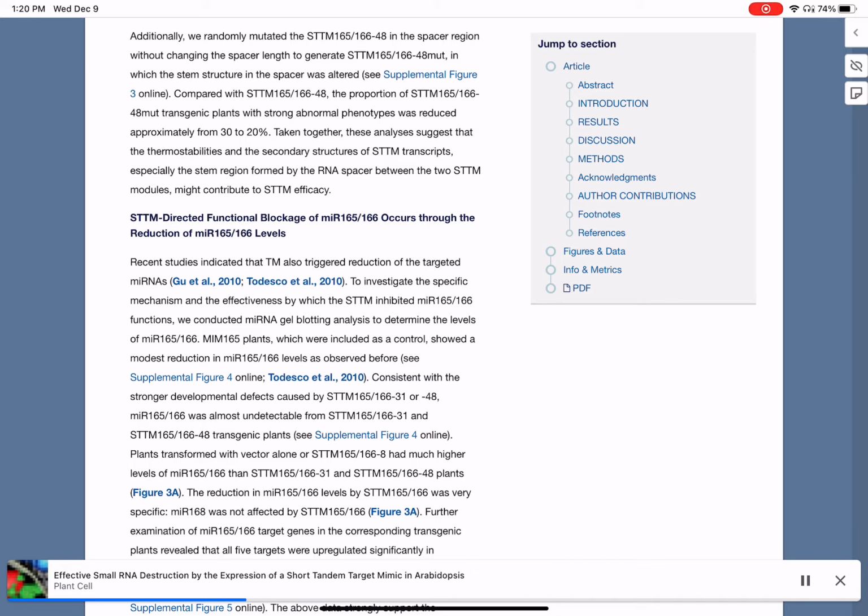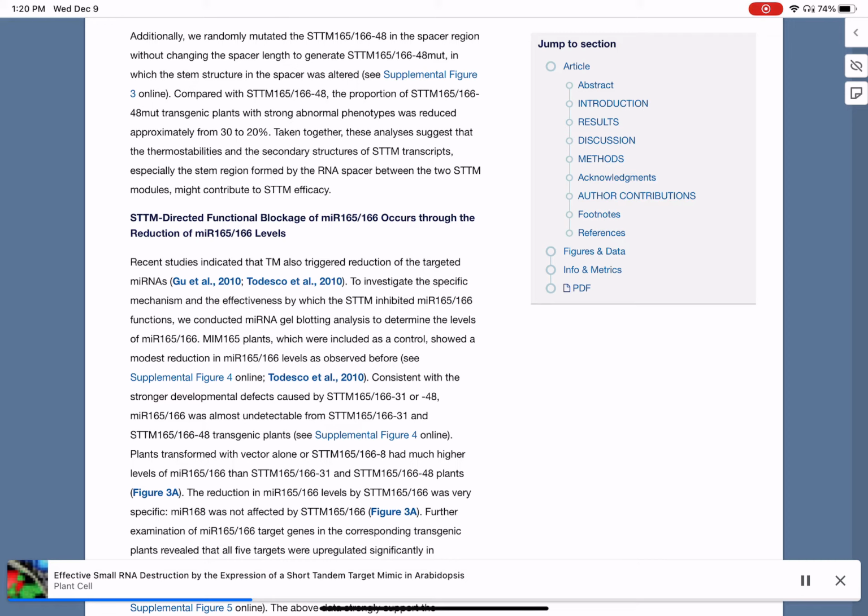Compared with STTM-165-166-48, the proportion of STTM-165-166-48 MUT transgenic plants with strong abnormal phenotypes was reduced approximately from 30 to 20%. Taken together, these analyses suggest that the thermostabilities and the secondary structures of STTM transcripts, especially the stem region formed by the RNA spacer between the two STTM modules, might contribute to STTM efficacy.